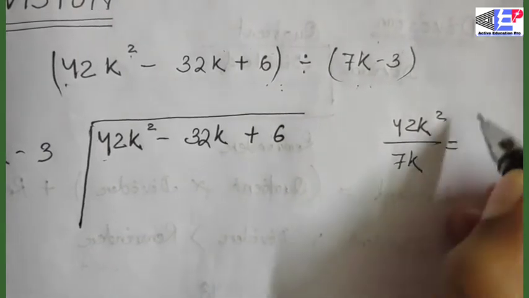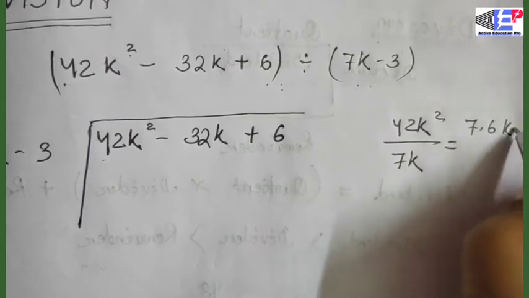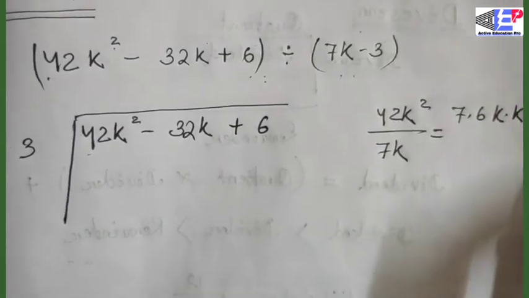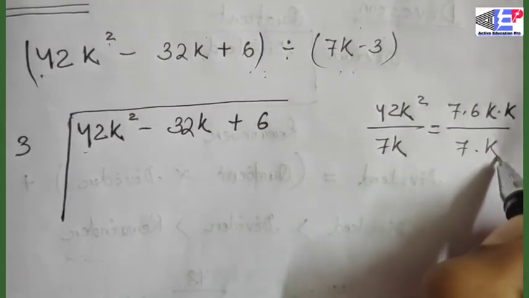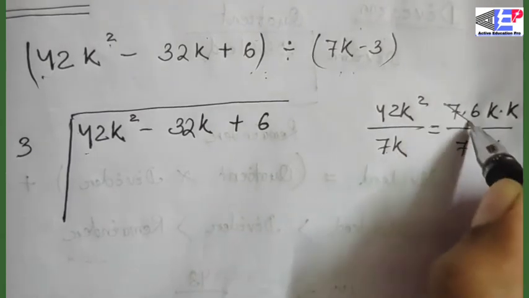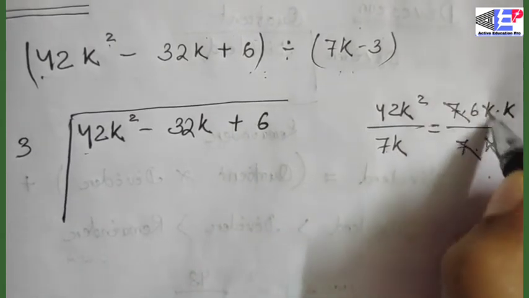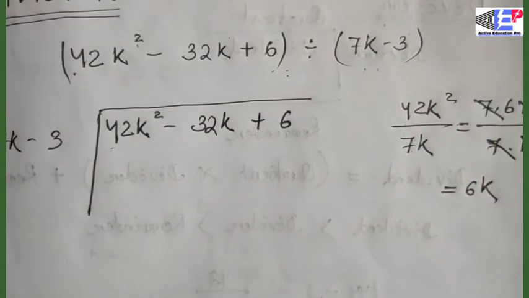Then factorize it. 7 into 6 into k into k divided by 7 into k. Factorize the numerator, factorize the denominator, then cancel it. 7, k cancel. Then the answer will be 6k.